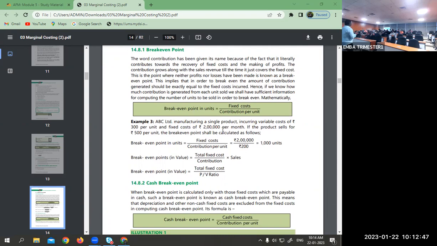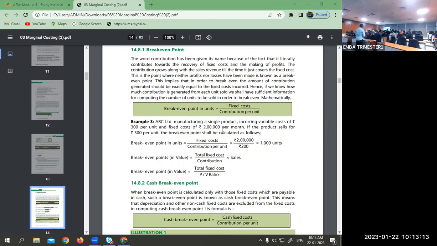What do you mean in units? Break-even point in units means, suppose you are a cycle manufacturer. How many cycles you have to sell to reach a level that there is no profit or loss? Break-even point units meaning 20,000 units, meaning 20,000 cycles you should minimum sell to reach a level of no profit, no loss.